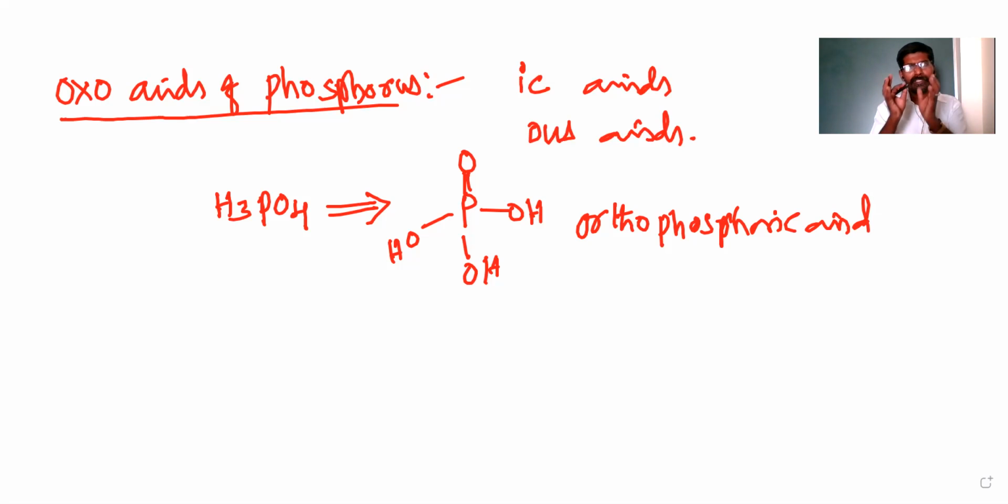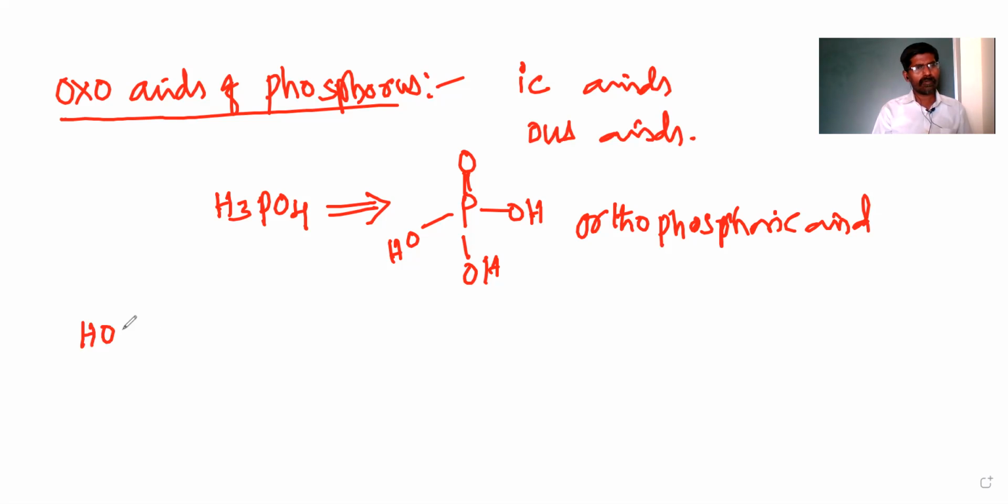By using this monomer unit, this single unit, I want to prepare pyrophosphoric acid also. Now how do we prepare pyrophosphoric acid? I want to take 2 moles of orthophosphoric acid.